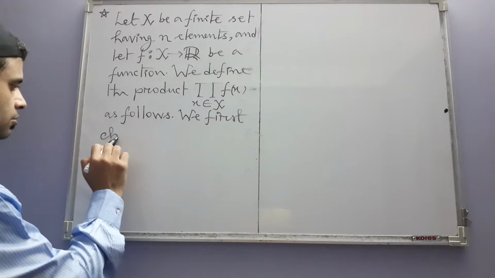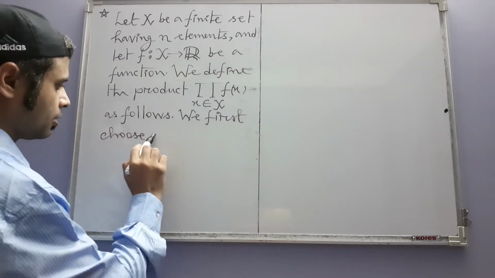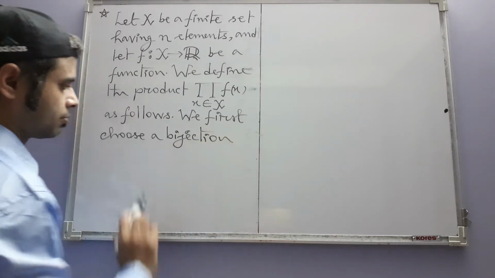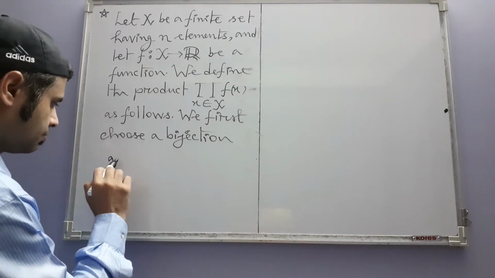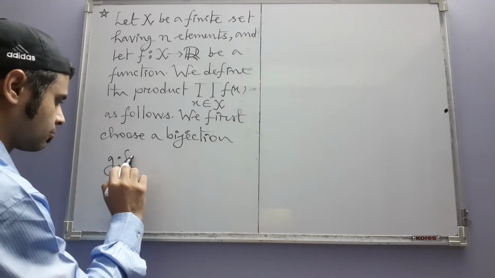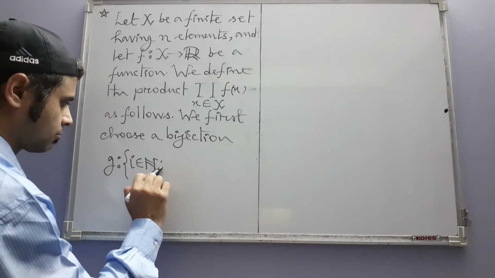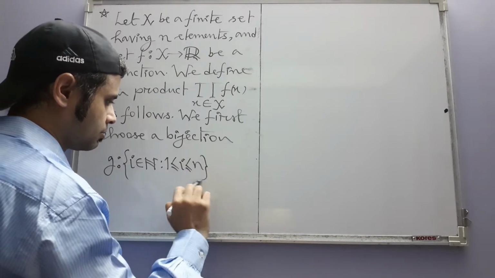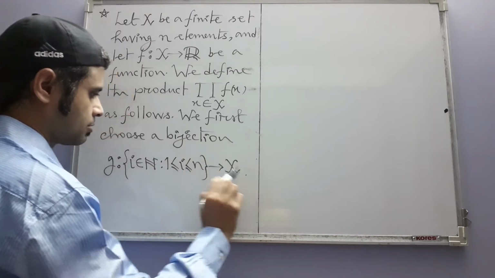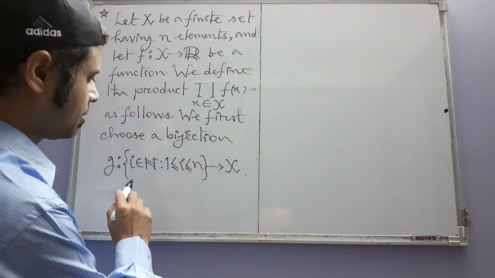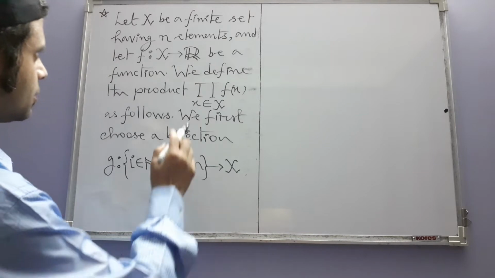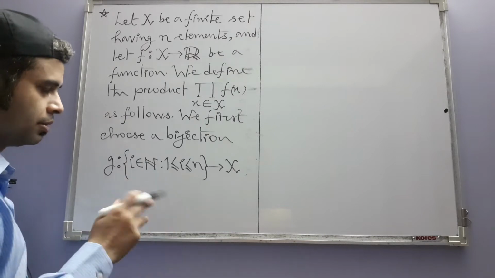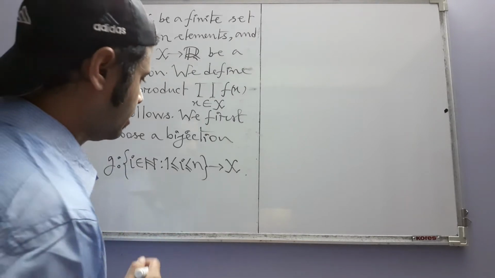We first choose a bijection G from this set of natural numbers to X. Now we already know that such a bijection exists by definition because X has n elements, and in fact that's what we mean when we say X has n elements.